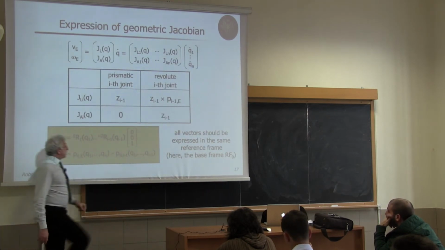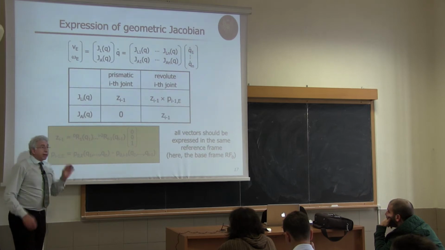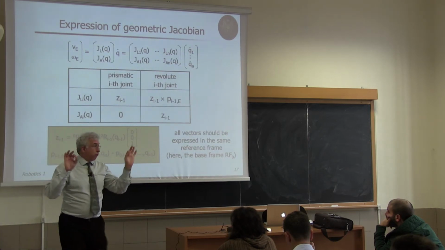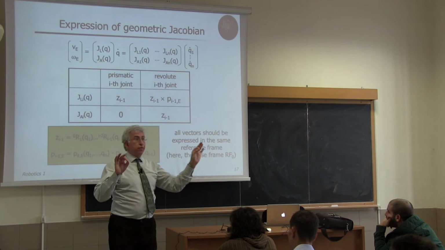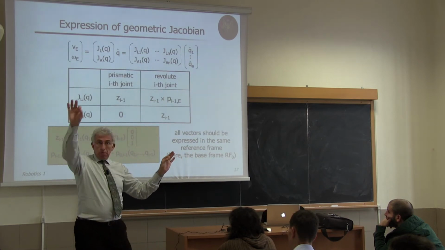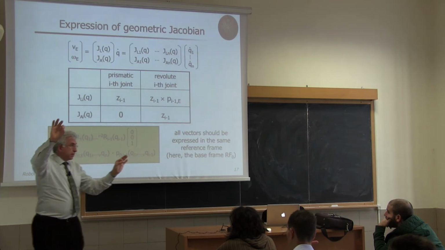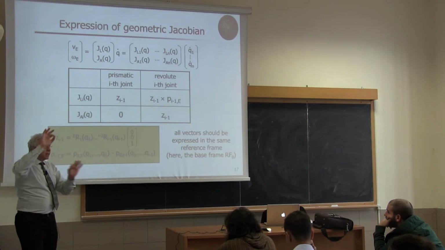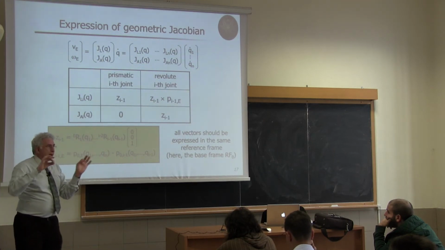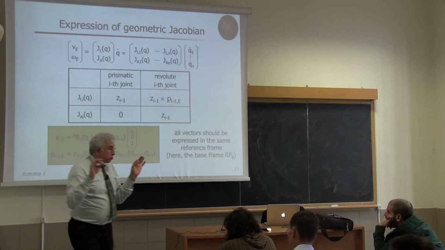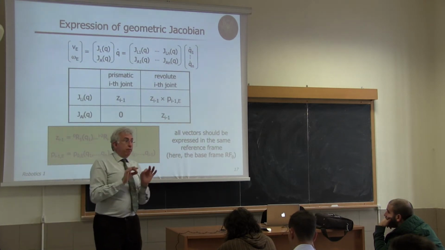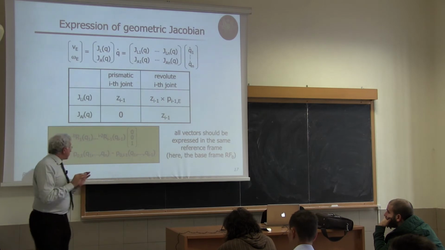For the other one, now these are applied vectors. They go from one point, the origin of frame i-1, to the origin of the last frame, which I called e. So if I transform them, I should use homogeneous coordinates and 4x4 homogeneous matrices.